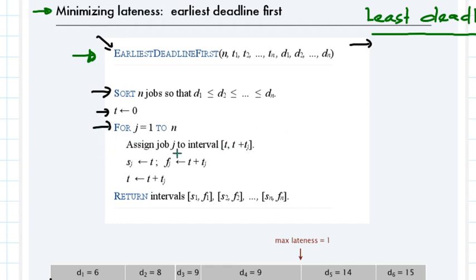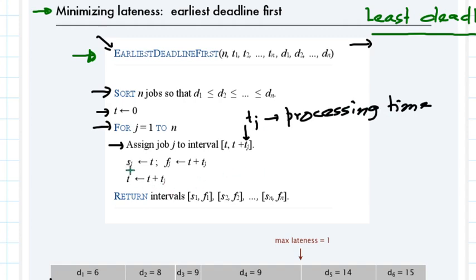And then we have to assign job j to interval t to t plus tj. tj is the processing time of that job, which we have seen in the last lecture.